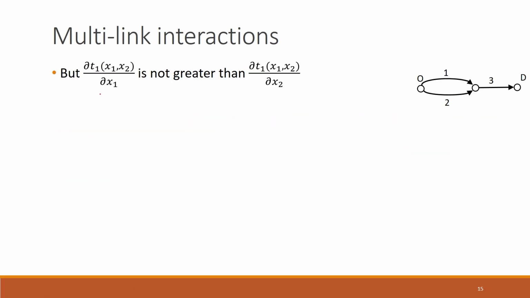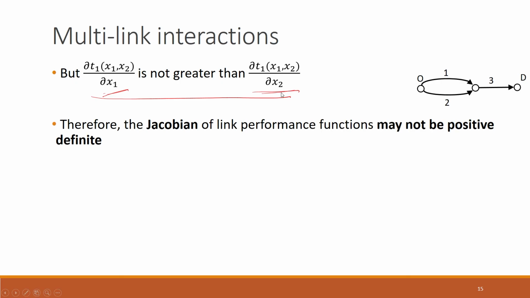Now, since this condition is not holding, because this is equal to this, but we require that this should be greater than this here, it is possible that the Jacobian of the link performance functions may not be positive definite. Since the Jacobian of the link performance functions is the same as the Hessian matrix of this objective function, we can alternatively say that that may not be positive definite, and we can also check this.